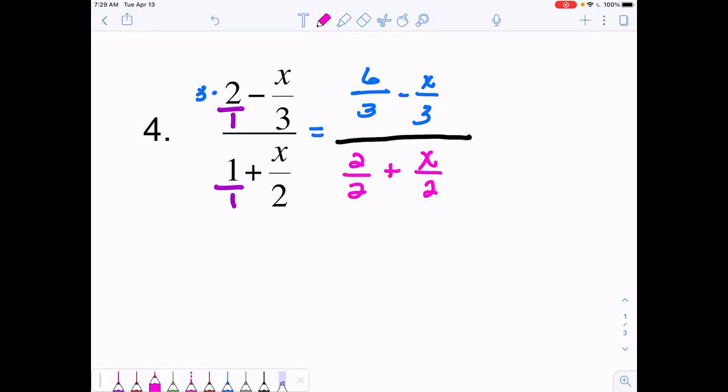So now I have my fraction pair in the numerator. It has a common denominator. The fraction pair in the denominator has a common denominator. And I can add them together. So I would have 6 minus x over 3, and then 2 plus x over 2.